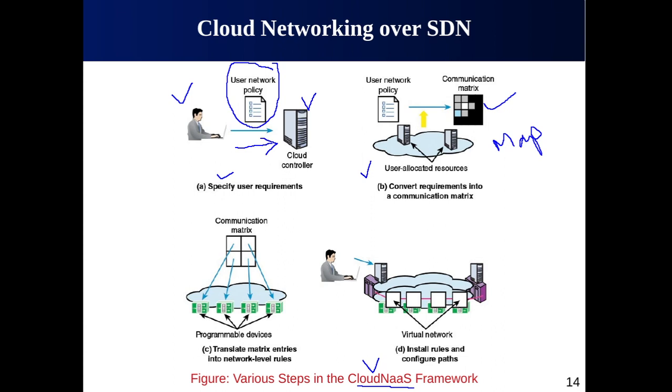The matrix is used to determine the optimal placement of these virtual machines on the cloud. I will not go into the details, but to give you an idea, in cloud the resources are provided on request. If you need more resources, you request more resources. If you do not need those resources anymore, you can release them.